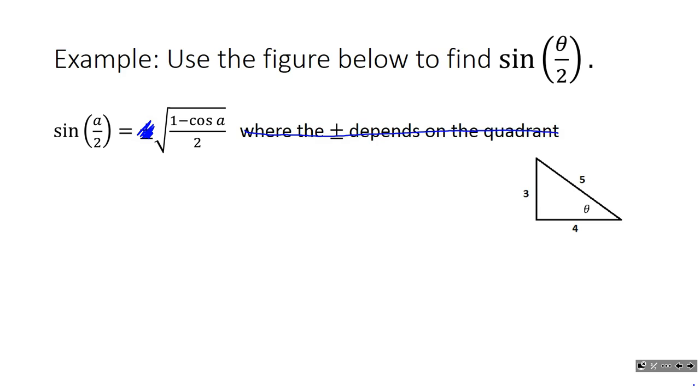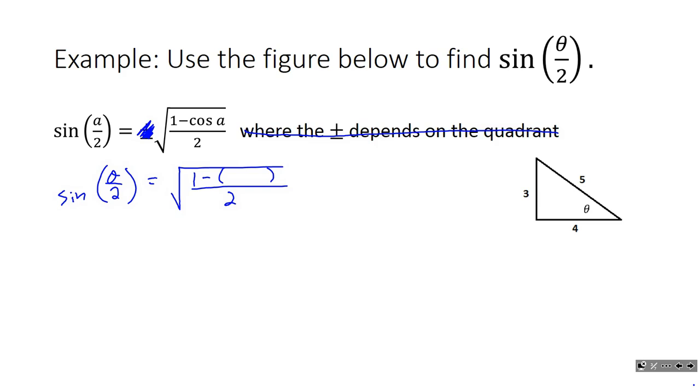Anyway, so the formula will be that the sine of theta over 2 equals the square root of (1 minus cosine of theta) over 2. So notice we have a little side problem to work out, which is what's the cosine of theta? Well, fortunately, we can do that easily with right triangle trigonometry, the old SOHCAHTOA acronym.